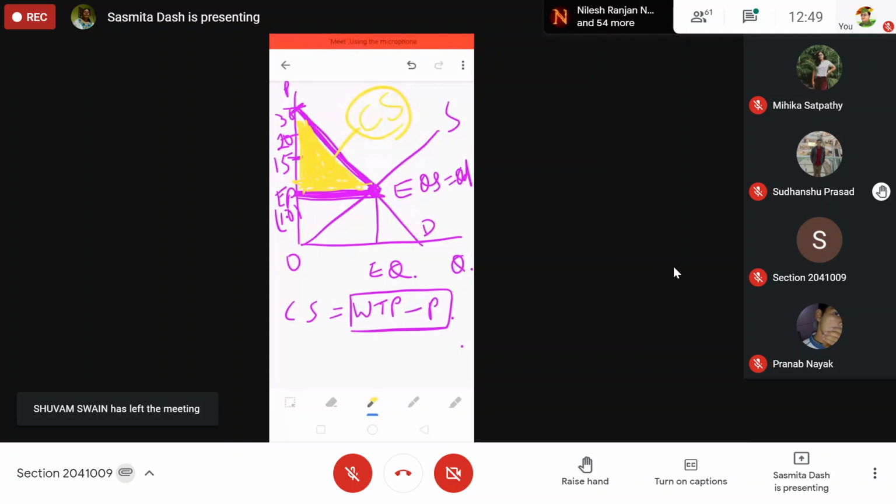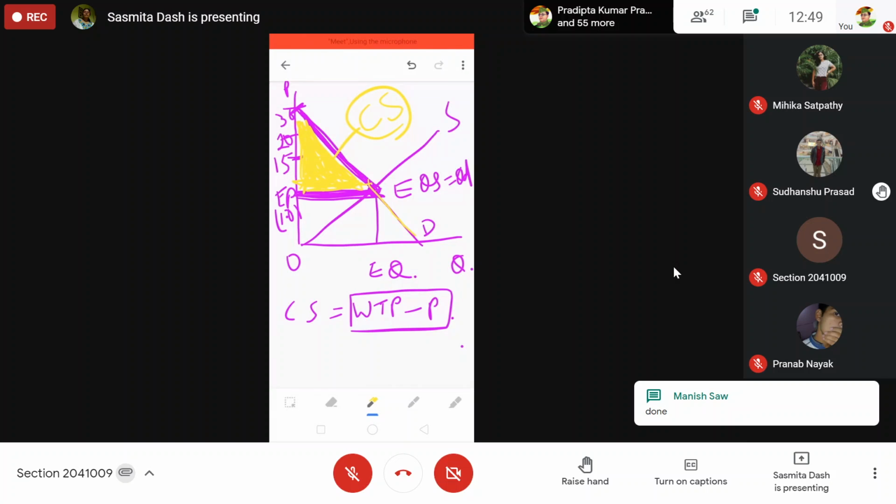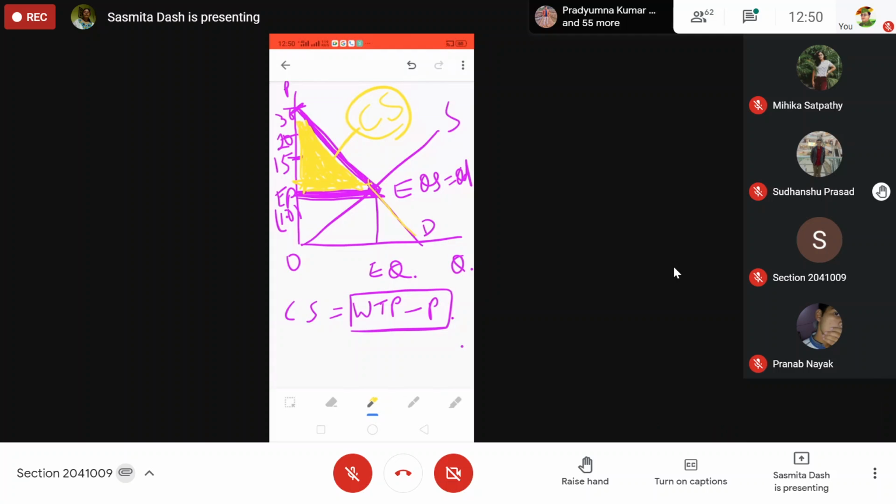Their willingness to pay is shown by the demand curve. The demand curve, related to buyers, is otherwise known as the willingness to pay curve.